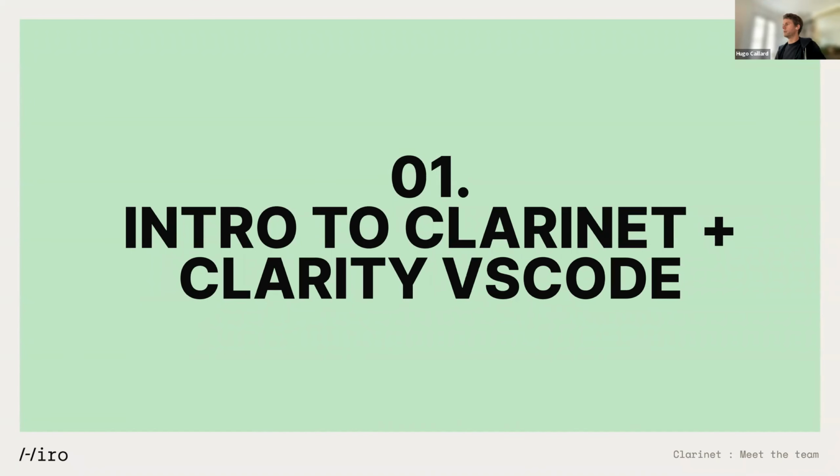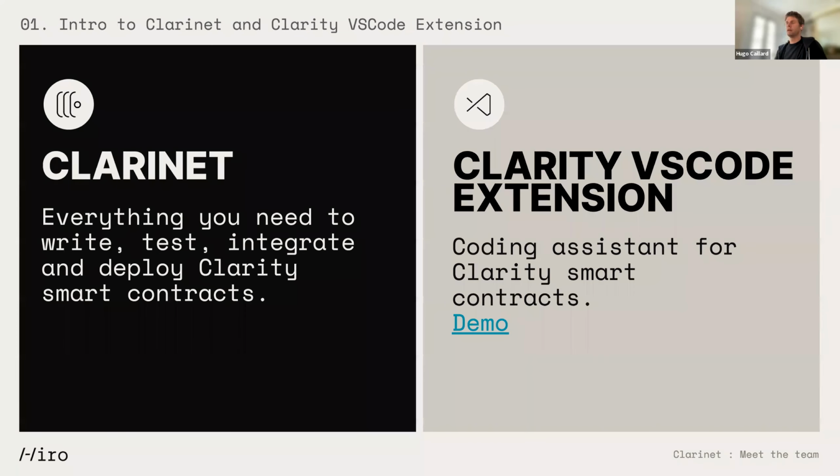So, Clarinet and Clarity VS Code. Clarinet is a tool we are working on. It includes everything you need to write, test, and configure your Clarity smart contracts project. So we will really deep dive into this tool. As I said, there are a lot of features available in Clarinet. We'll focus on the main ones, and you will see that it's super powerful.